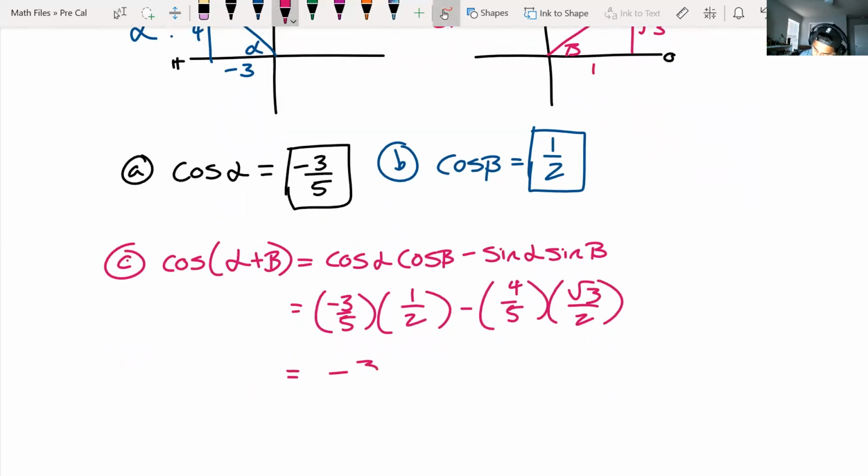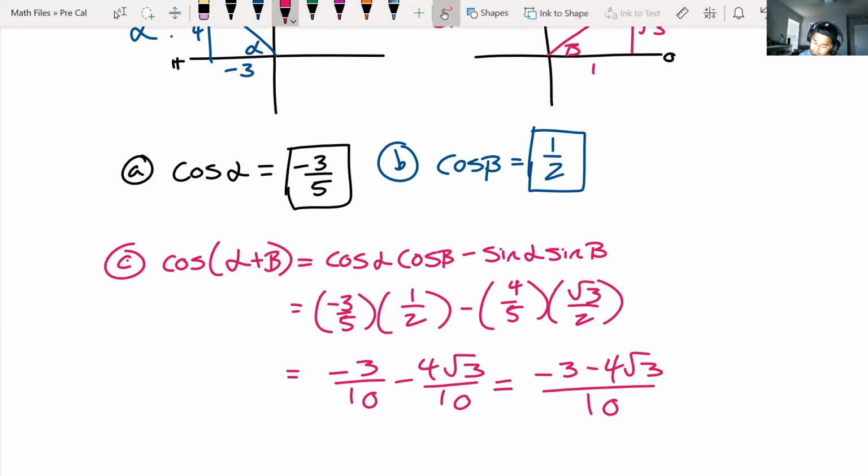And you get negative 3/10 minus 4 square root 3/10, which gives you negative 3 minus 4 square root 3 over 10. Boom, boom, boom.